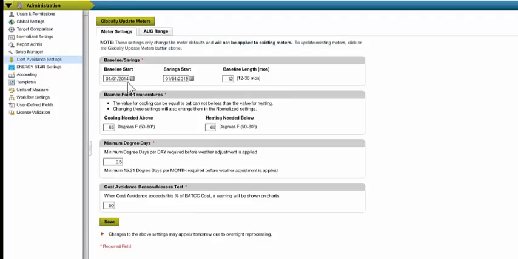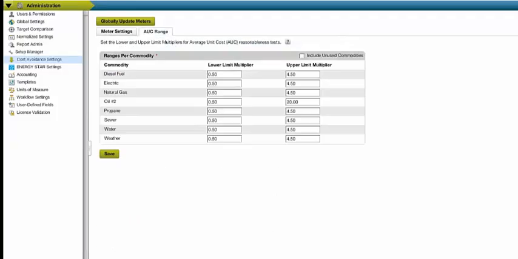So I have it defaulting to baseline of 2014, savings starting in 2015, 65 balance point, and so on. Another setting, the average unit cost range, is saying that if the average unit cost on today's bill varies from the average unit cost on the baseline bill by greater than these limits, it's going to assume today's bill is unusual, is just a strange one, and it will default to the baseline average unit cost.